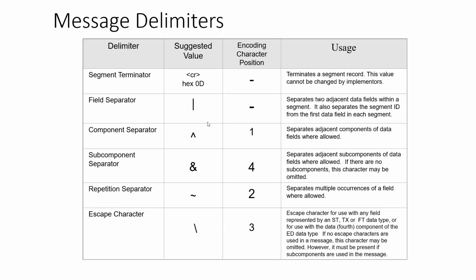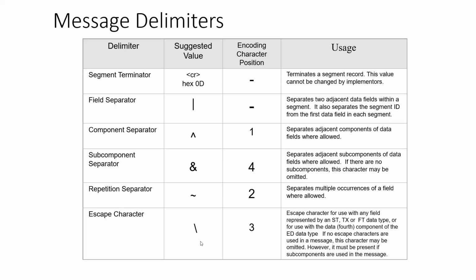Now within fields, we know that we have components, right? Two components are separated with the help of the symbol called caret. Then we have the ampersand, which is going to separate two different subcomponents. We'll look at this with an example. We have a tilde, which is called the repetition separator. This also has a special role, and we'll talk about it with an example as well.